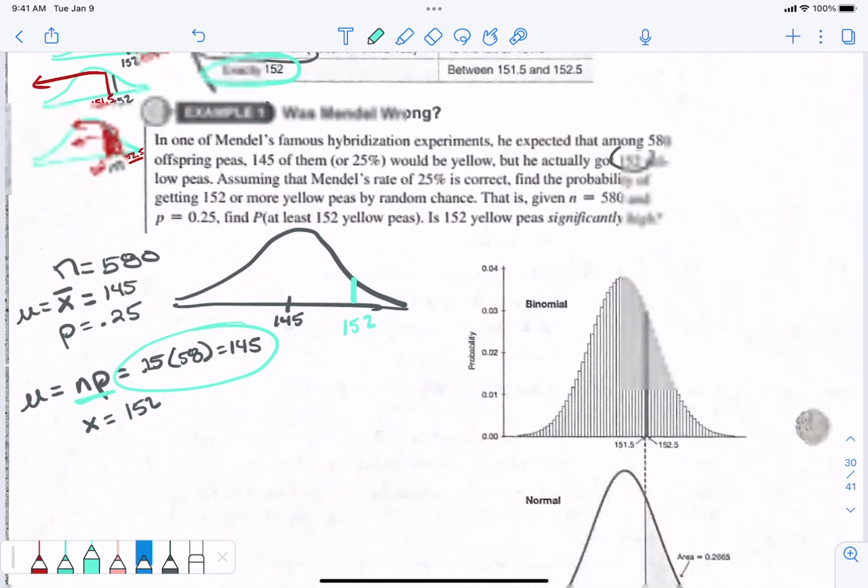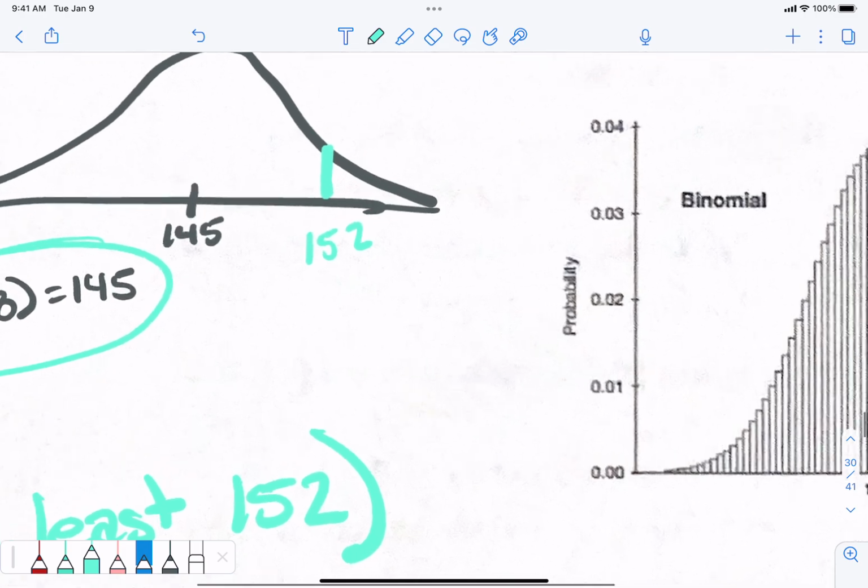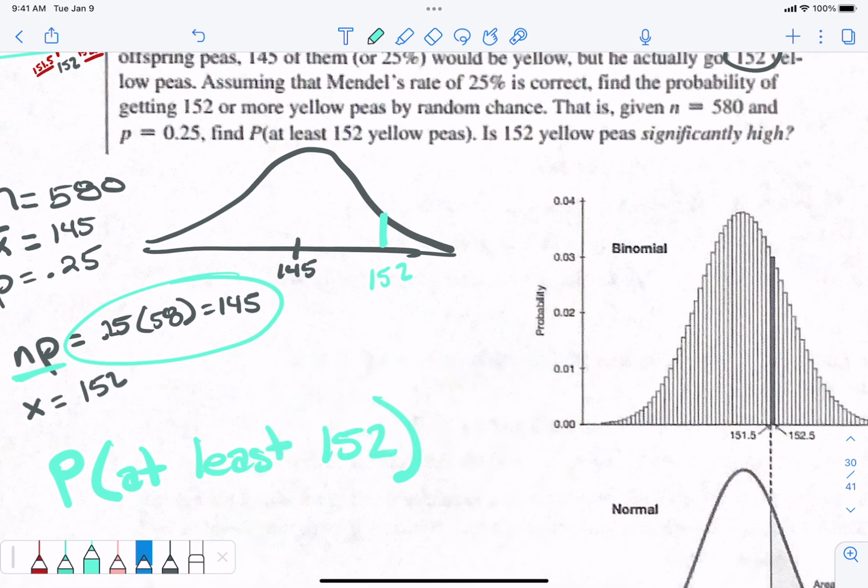They want us to find the probability of at least 152 yellow peas. If the average is 145, what's the probability that I get at least 152 in my samples? I'm looking for this percent.